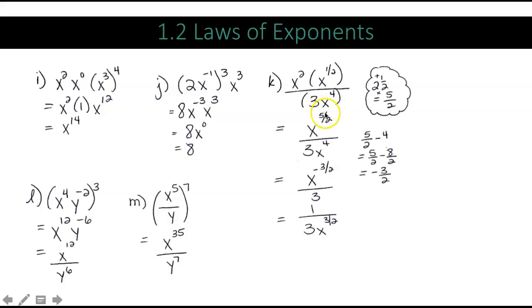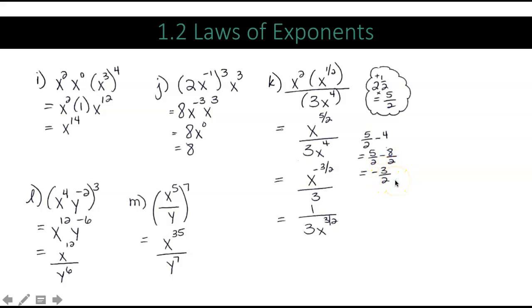So x to the 5 over 2 power over 3x to the 4th, because that's my denominator. Now, because I have the same base, don't worry about the 3, it stays down here. I'm worrying about the powers for the same base, which is my x. I have to subtract. So 5/2 minus 4. 4 is really 4 over 1. And if I wanted to have the same denominator of 2, the 4 becomes an 8. So 5 over 2 minus 8 over 2 is -3 over 2.